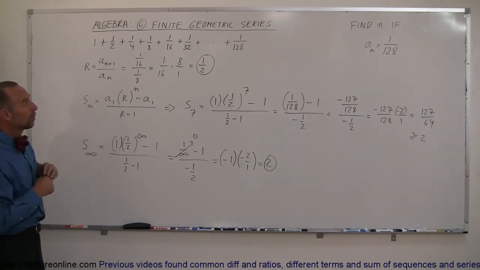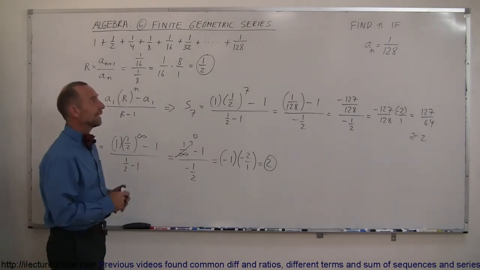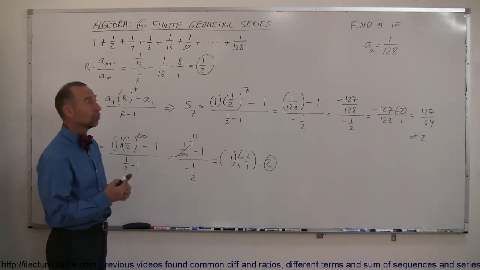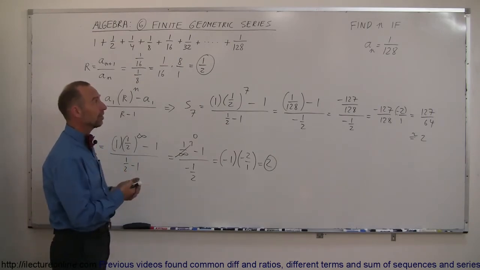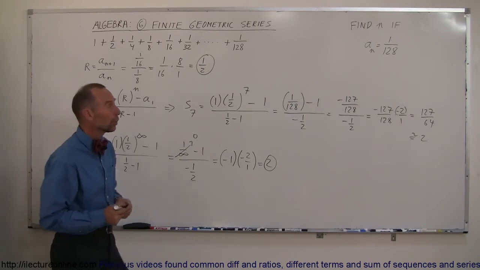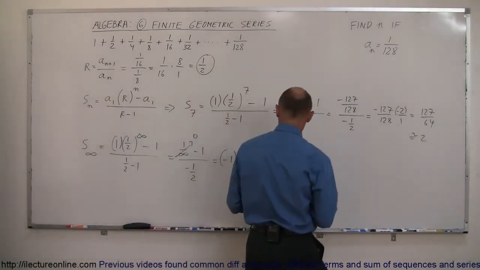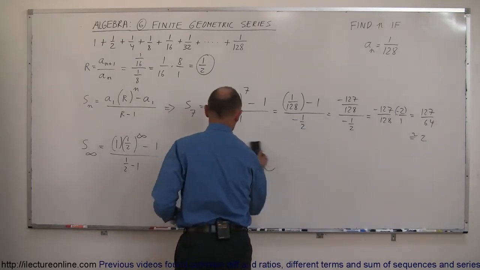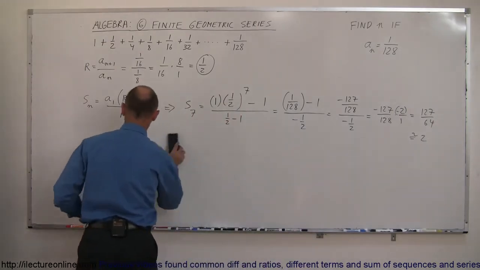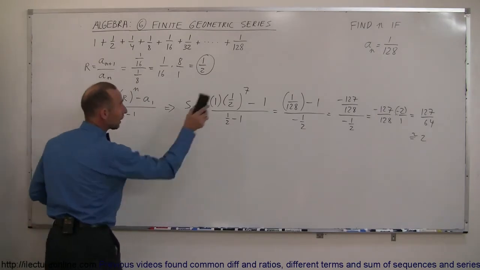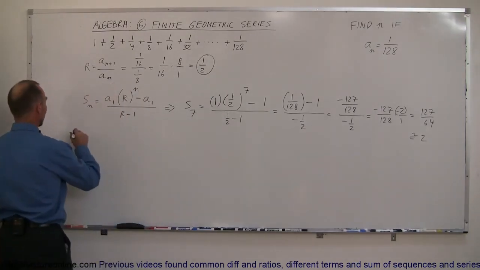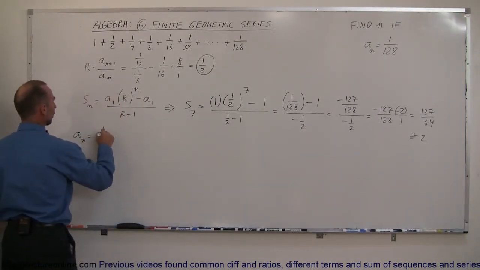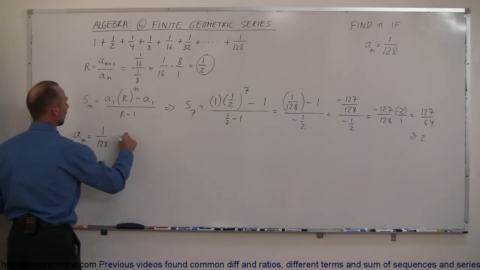Oh yes, there was one more thing I wanted to show you. Find the n, which number in the series is it if a sub n is 1/128. To do that, I'm going to need a little bit of room, so I'm going to erase some of the board. All right, take this example out and copy that down. So we have a sub n equal to 1/128, and what is n equal to?